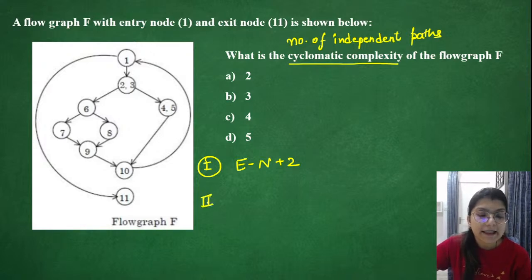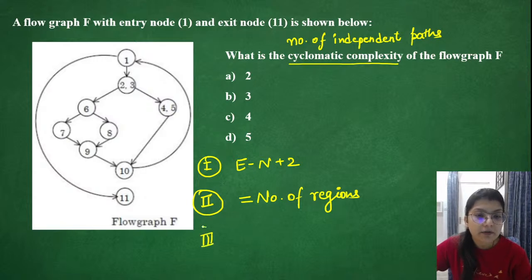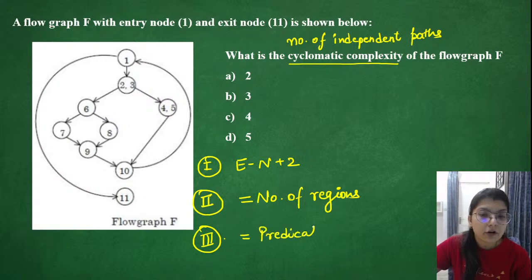Second, cyclomatic complexity is equal to the number of regions. However many regions you have in your flow graph, that is your cyclomatic complexity. And the third way to calculate is cyclomatic complexity equal to the number of predicate nodes or decision nodes plus 1.